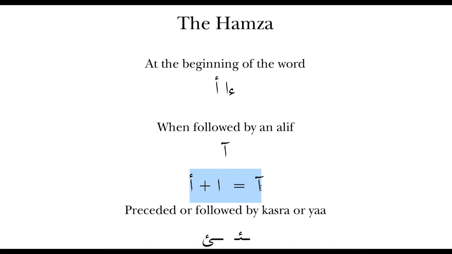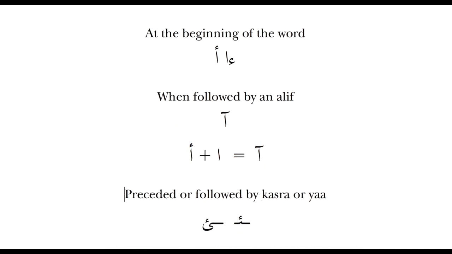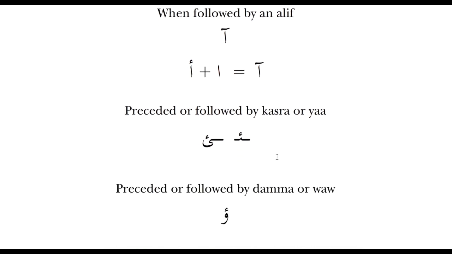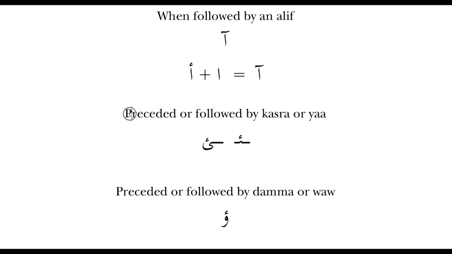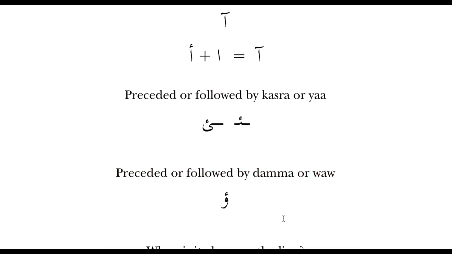Now, the next possibility is what happens when the Hamza is preceded or followed by a kasra. When the Hamza is preceded or followed by a kasra, it's put on a tooth or on the ya at the end of the word. When it's preceded or followed by the dhamma or waw, it's put on top of the waw, like so.